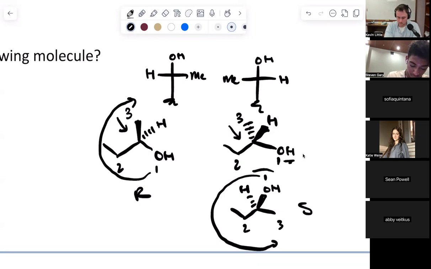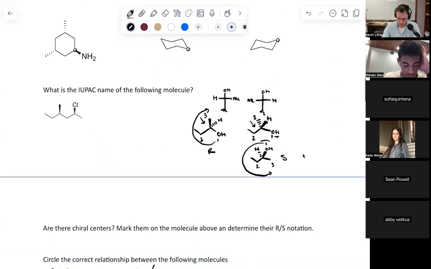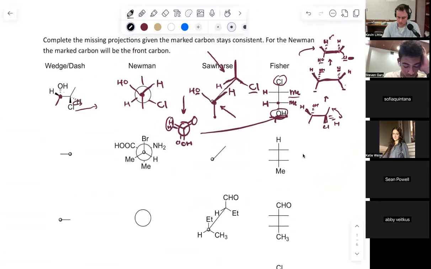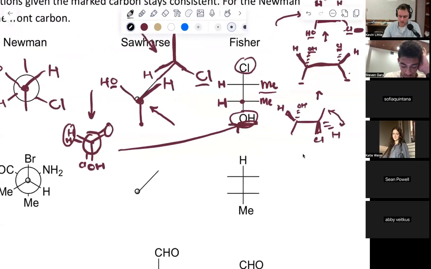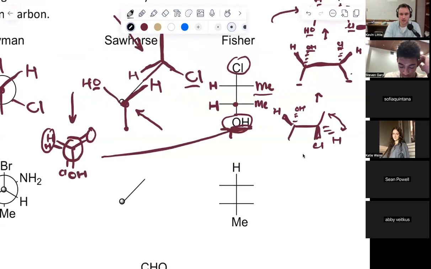In this case we're using R because the H is on a dash. No, what I'm saying is that the Fischer projection will change depending on whether it's an R or an S.